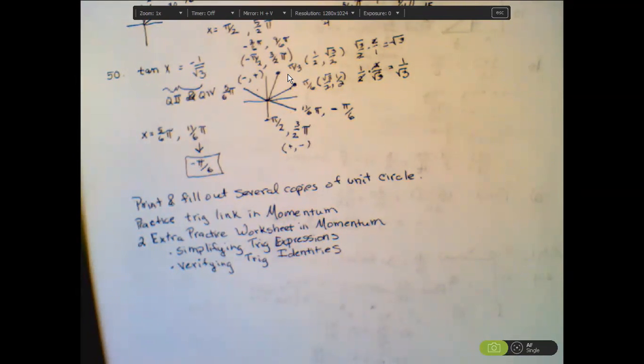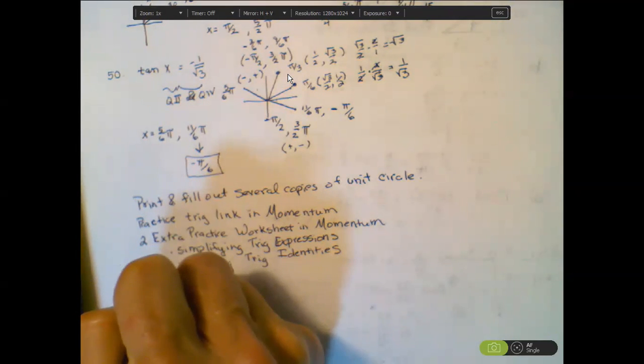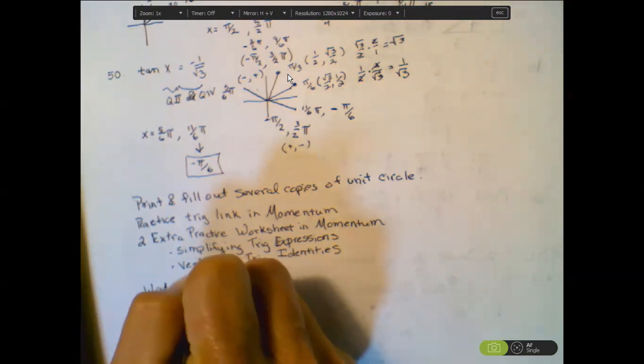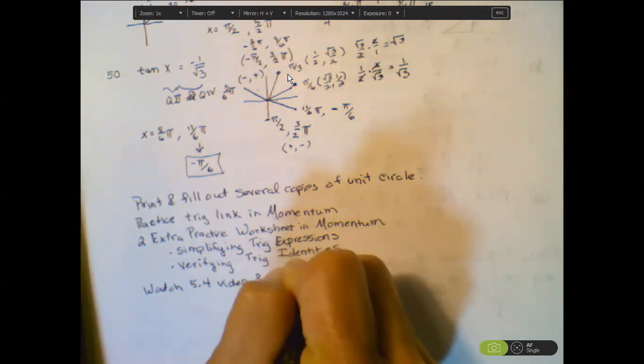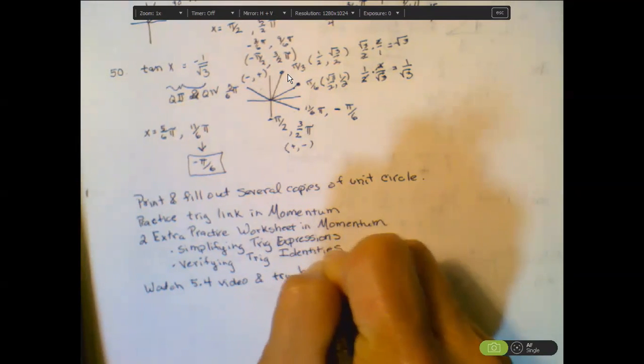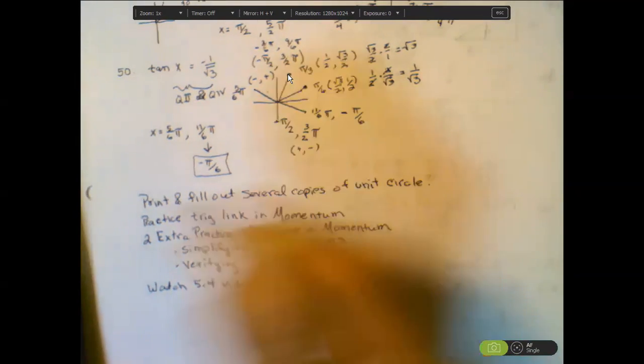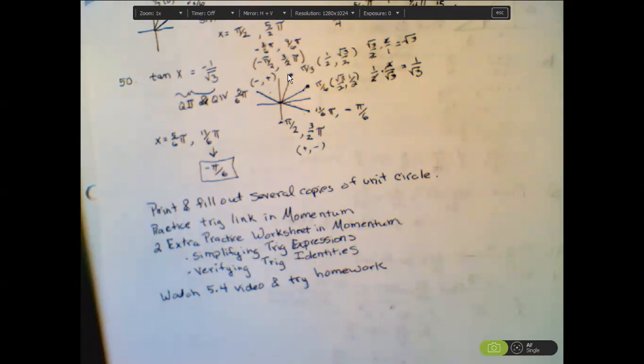And then watch the 5.4. We have 2 days for 5.4. No, we just have 1 day for 5.4. So you need to watch the 5.4 video and try homework. And I'm starting to feel guilty here if I write down anything else, but they're suggestions. They're not all requirements. This is a requirement.